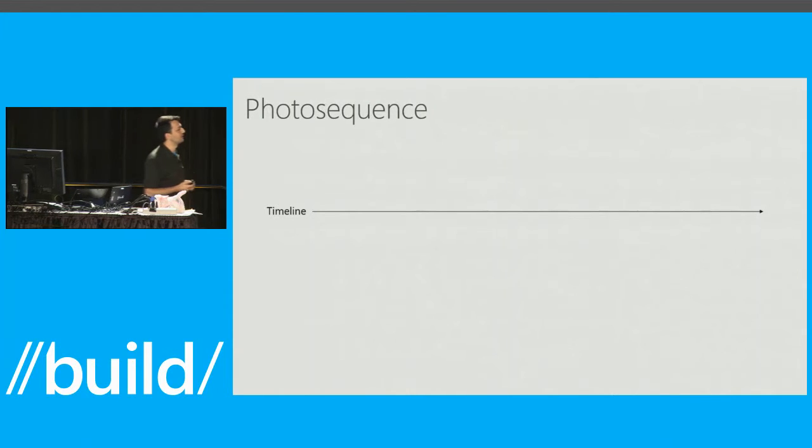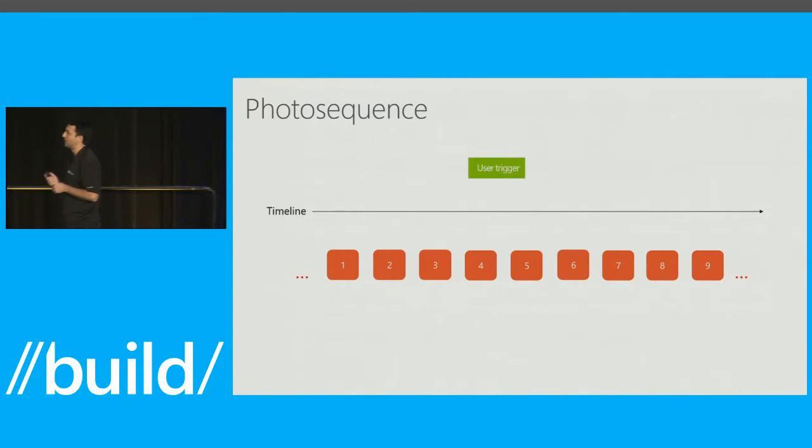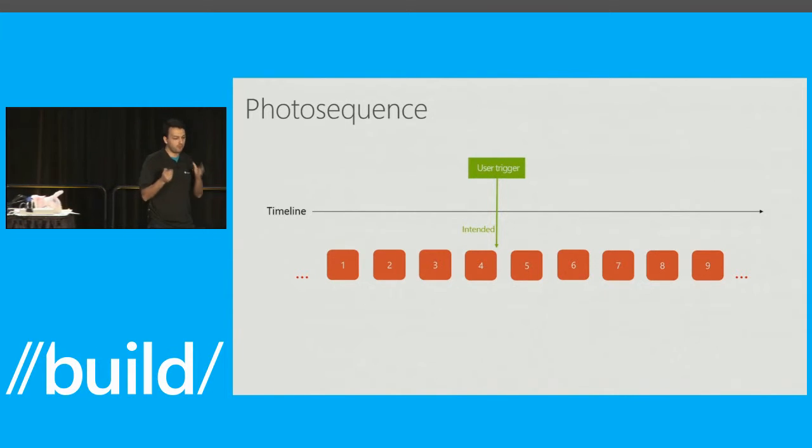Now, what's happening here? Let's quickly analyze. There's a timeline, and interesting movements in life are happening, 1, 2, 3, 4, right? And user clicks on the shutter button and intended to take this frame, capture this movement 4.